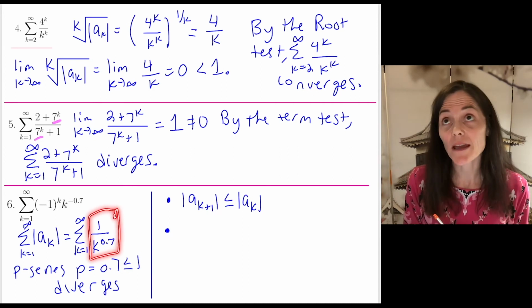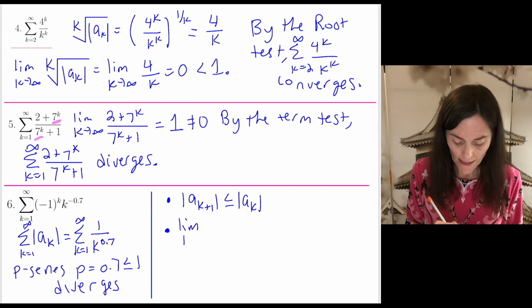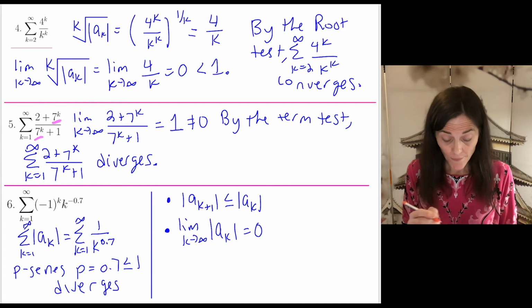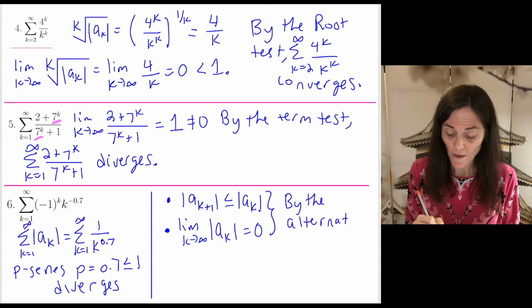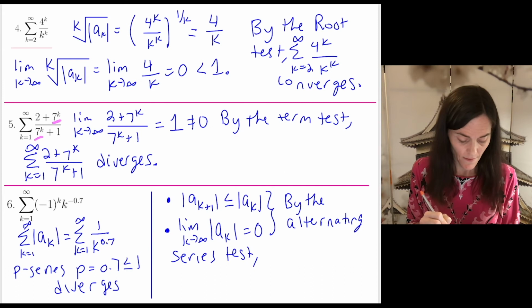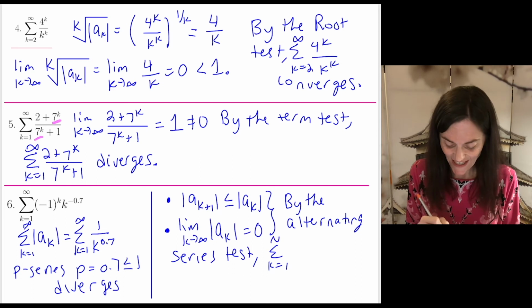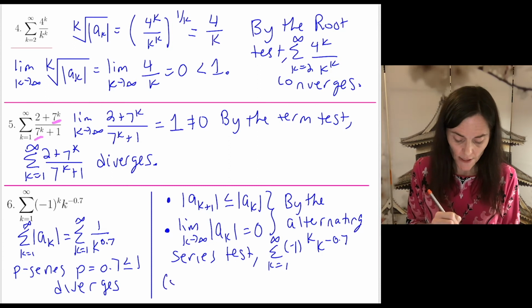Okay, fixed numerator and the denominator is growing. We also need the limit as k goes to infinity of the absolute value of a_k to be 0. And this also holds. So by the alternating series test, we get the series itself, 1 to infinity of minus 1 to the k times k to the minus 0.7, converges.